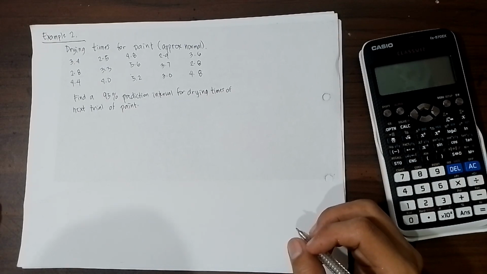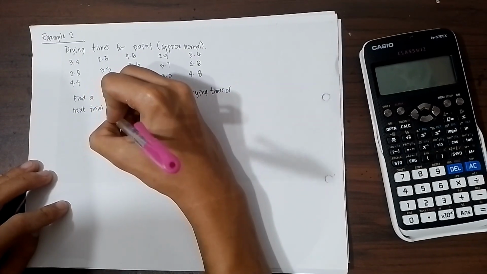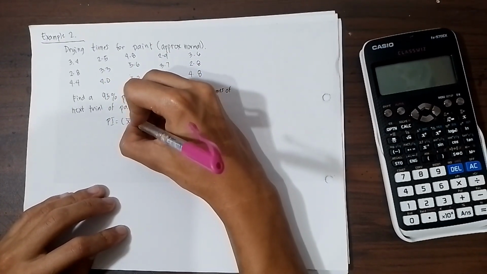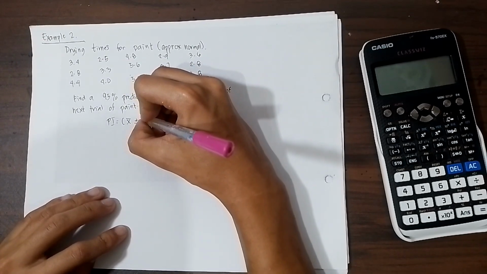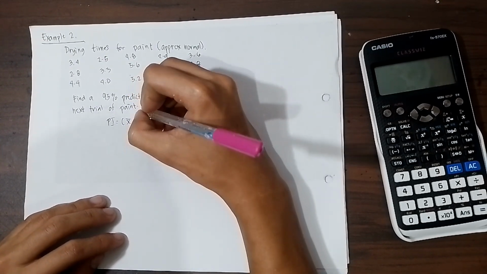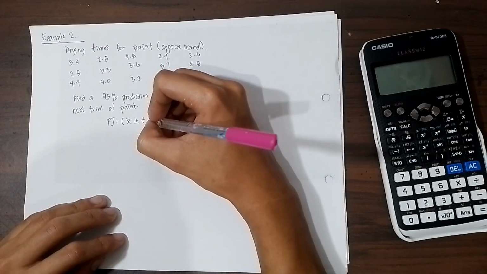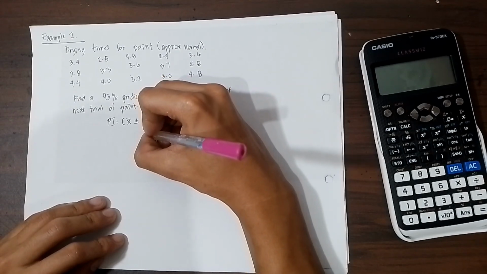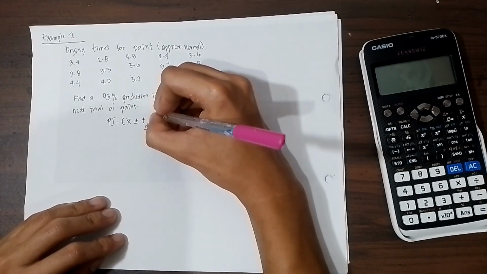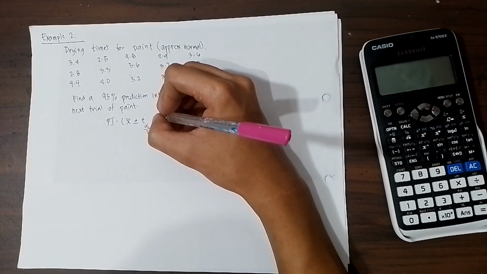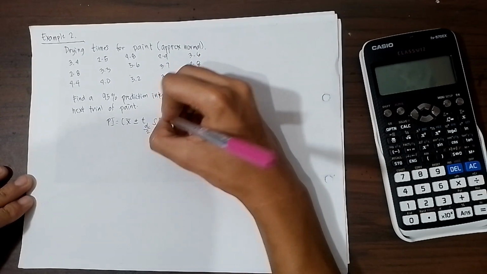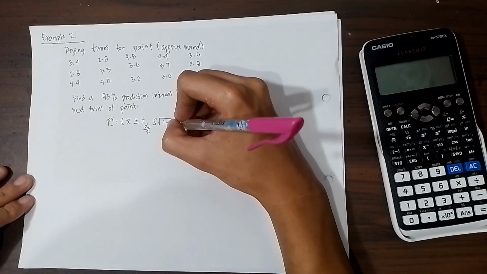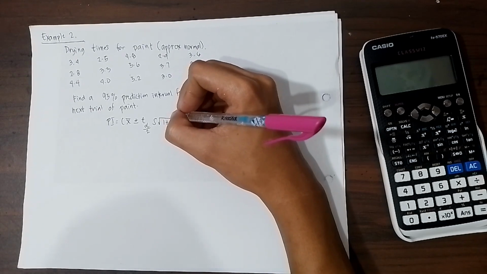The second formula, the prediction interval, is equal to x bar, our sample mean, plus or minus t, the special t, which represents the t table or t score, of alpha over 2, times s, our sample standard deviation, times the square root of 1 plus 1 over n, where n represents the sample size.